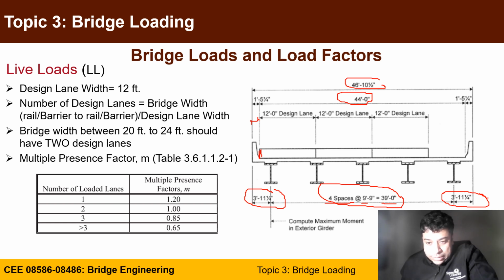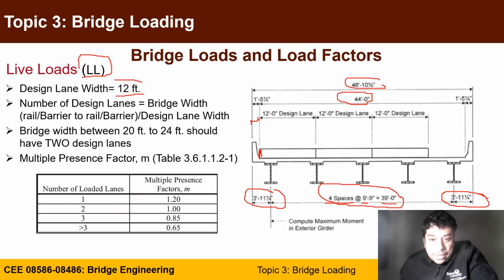We know that you have to have a marked lane on your roadway and bridges, but we usually don't count for that because drivers can really violate those lines. So we need to find a way how we are going to find the loads for the live loads. For live loads, which we denote by LL, the design lane width is 12 feet.